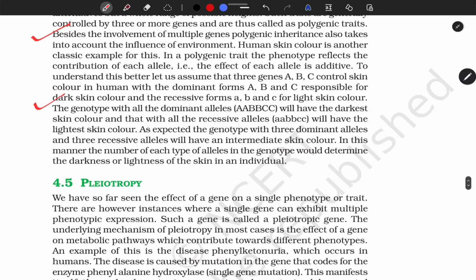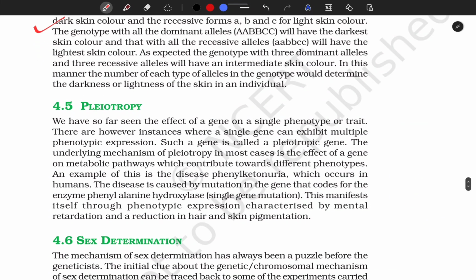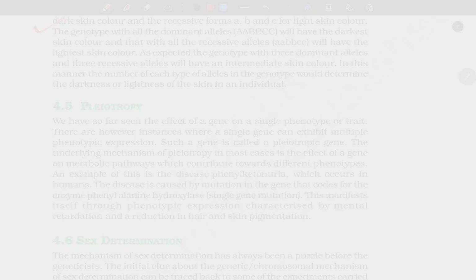The genotype with all the dominant alleles, capital AA, BB, CC, will have the darkest skin color, and that with all the recessive alleles, small aa, bb, cc, will have the lightest skin color. As expected, the genotype with three dominant alleles and three recessive alleles will have an intermediate skin color. In this manner, the number of each type of allele in the genotype would determine the darkness or lightness of the skin in an individual.